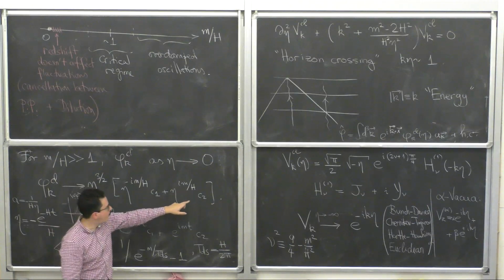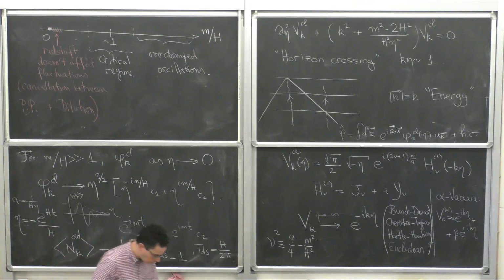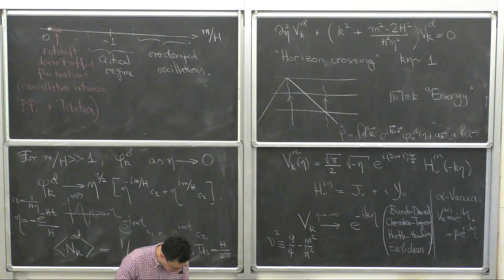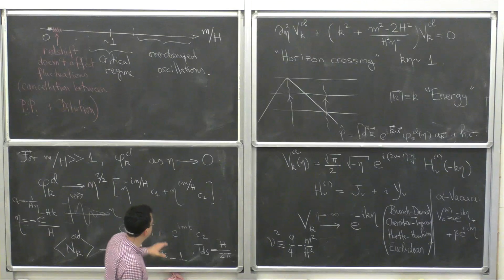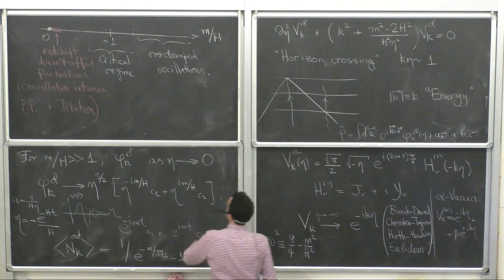And the amount of particle production is also dictated by the mass. So this is what I can tell you about the generic case, just to get you some intuition.